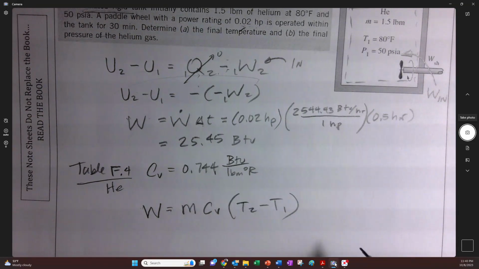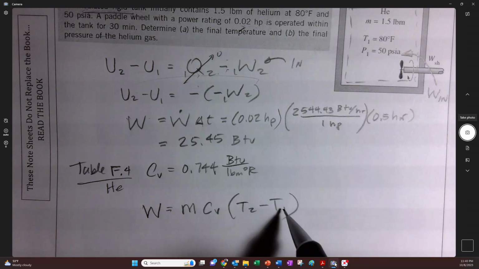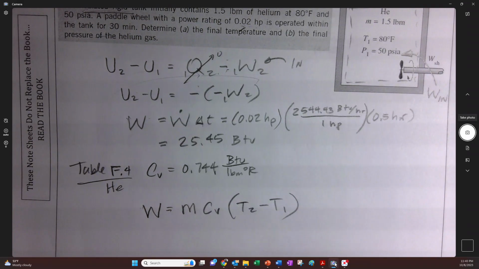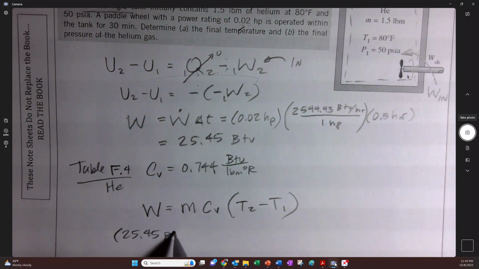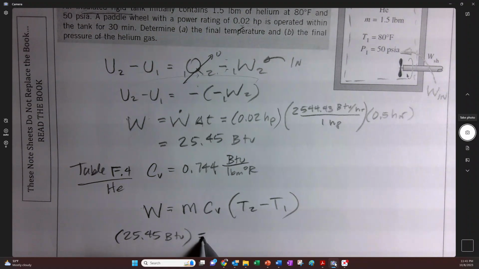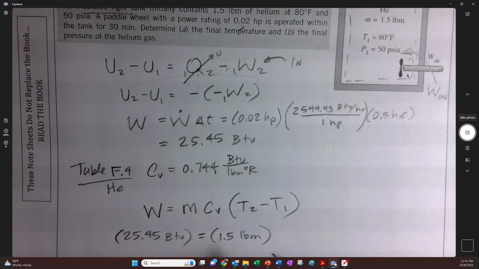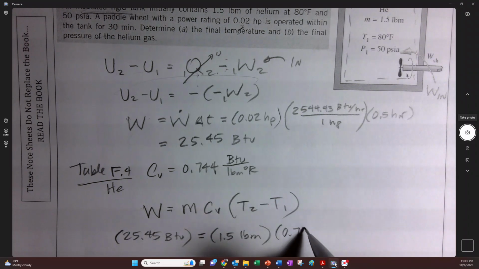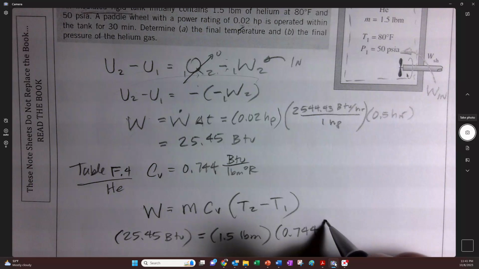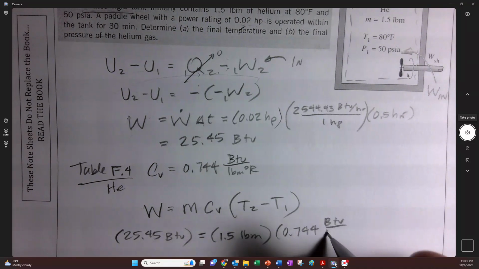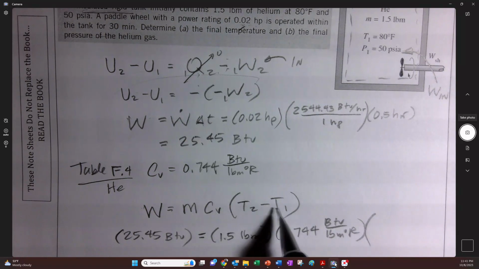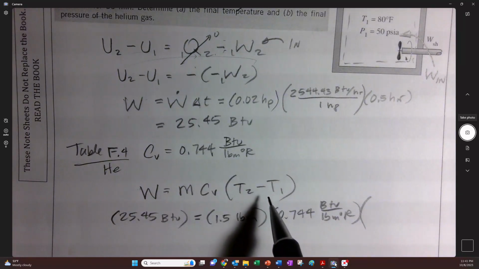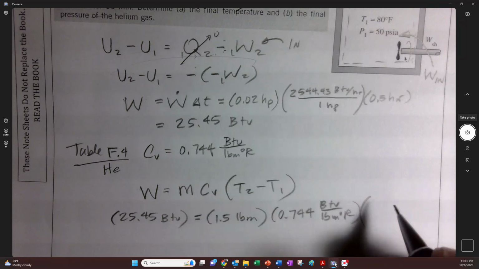So 25.45 BTUs is going to be equal to the mass, 1.5 pounds, times 0.744 BTU per pound mass degree Rankine, times T2 minus 80. Even though they're not Rankine, we can go ahead because we're just subtracting the two of them.